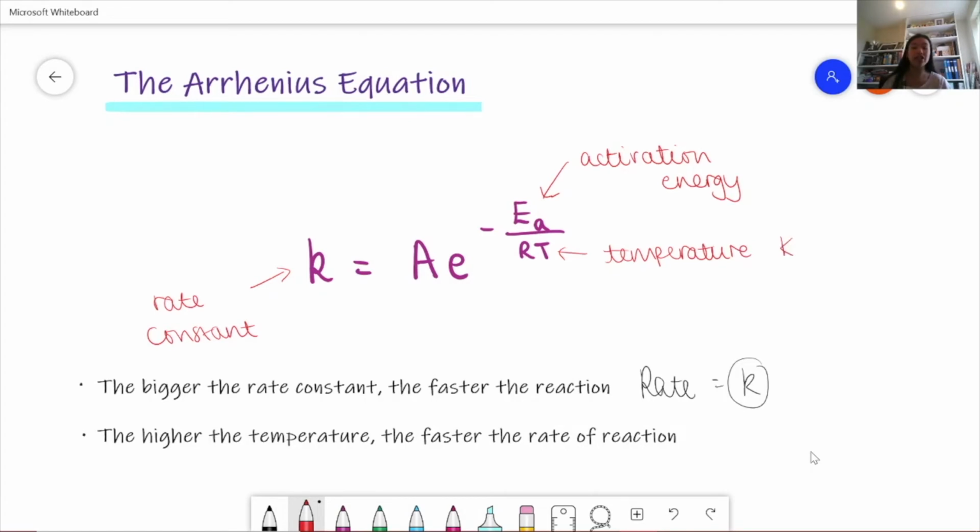The activation energy is measured in joules. And then this R here is the gas constant, and that's measured in joules per mole per Kelvin. And that's usually given as 8.31 because it's a constant. And then A stands for the Arrhenius constant.